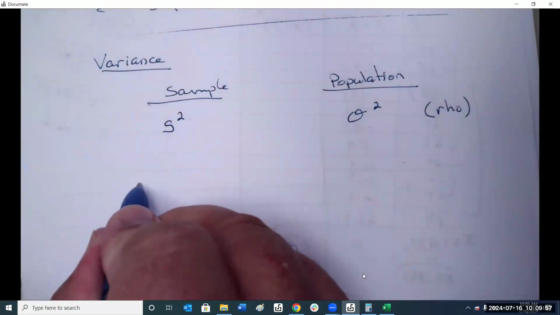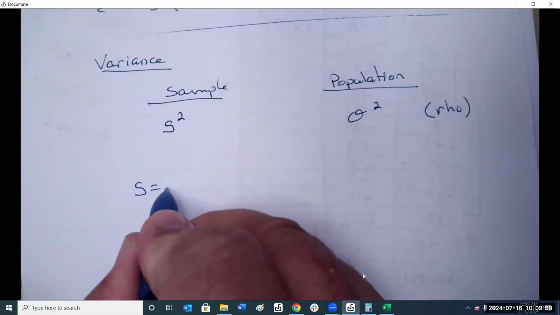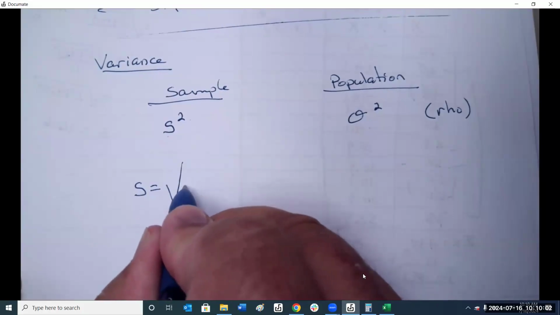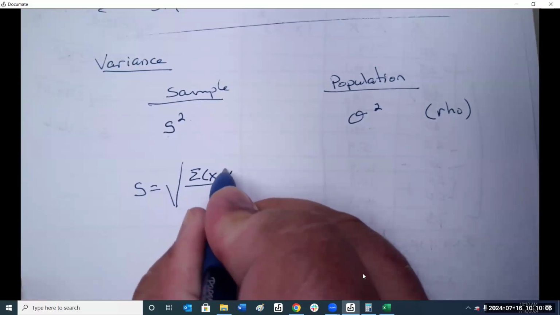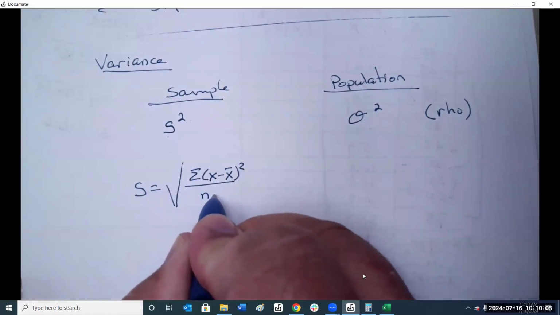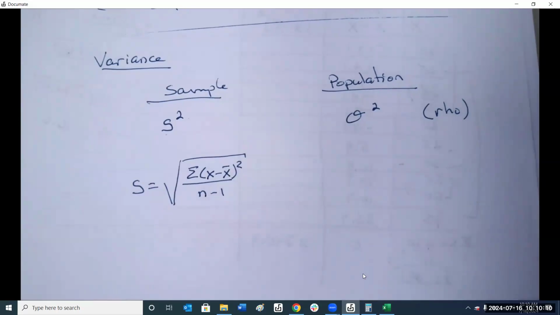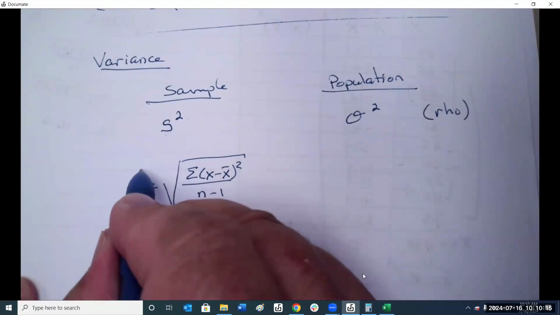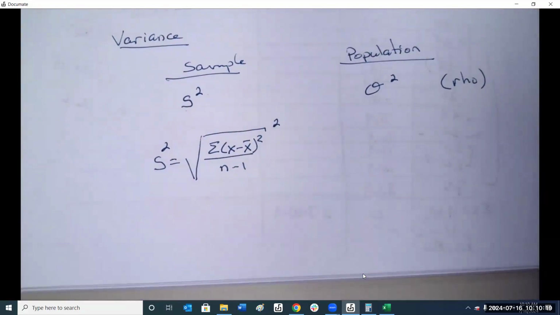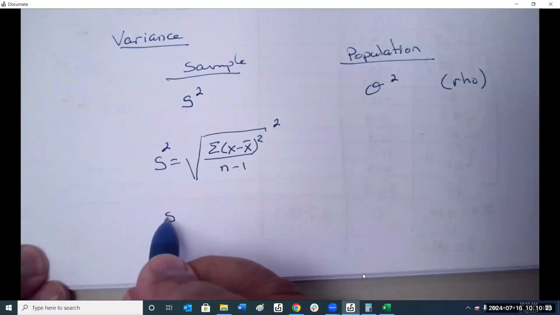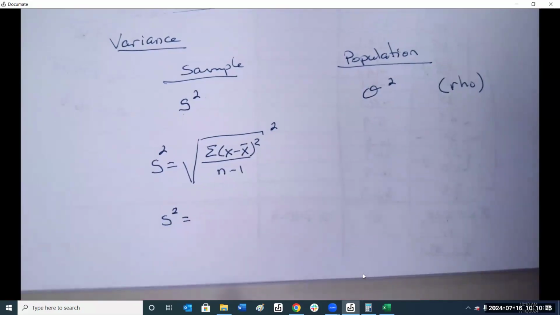What's the formula for deviation? That's the deviation. If we square it, what's that going to give us? What happens on the right-hand side?